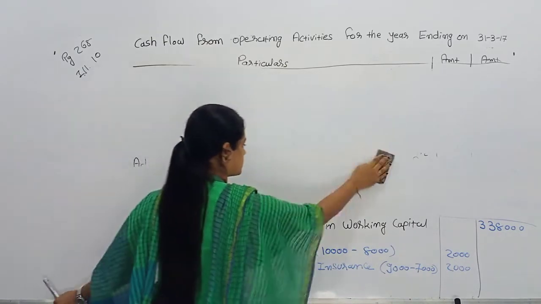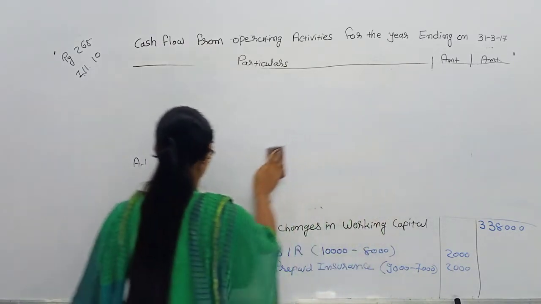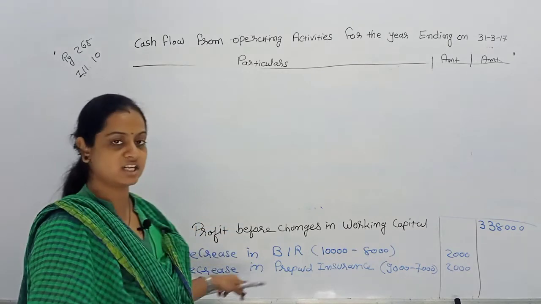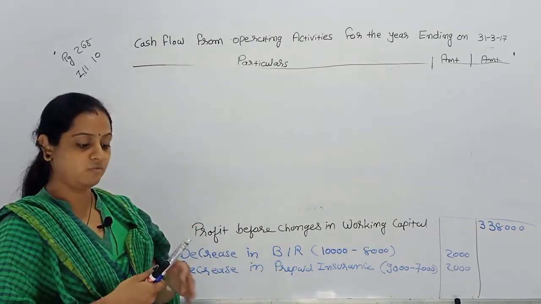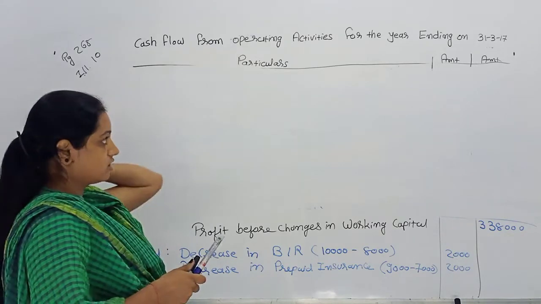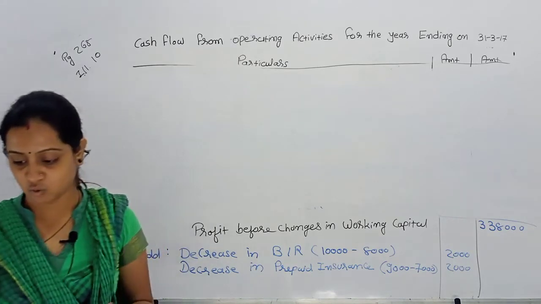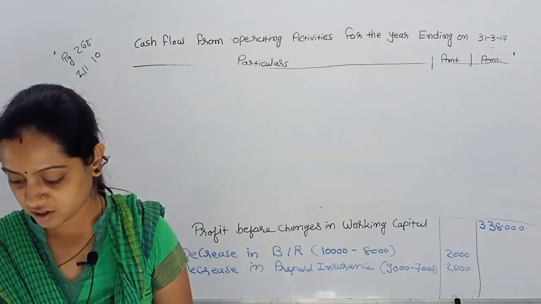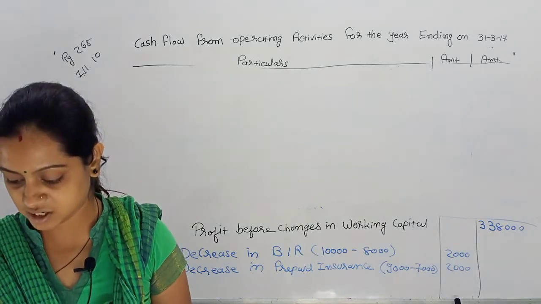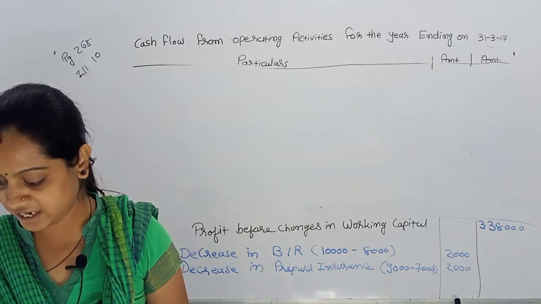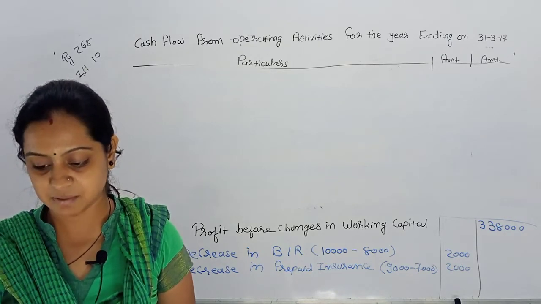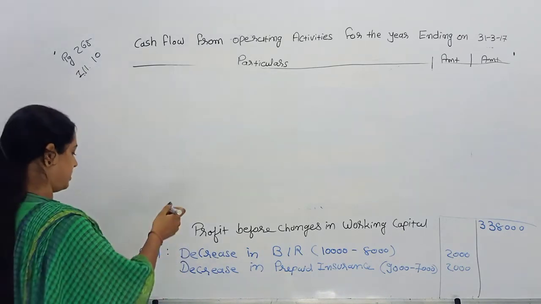See, as we have discussed, we have to add two things. The first one is decrease in current assets, that we have done. Next, we have to add increase in current liabilities. So now we have to check liabilities. First comes creditors. In the beginning 68, at the end 80,000. So that has increased, right? So we have to add.